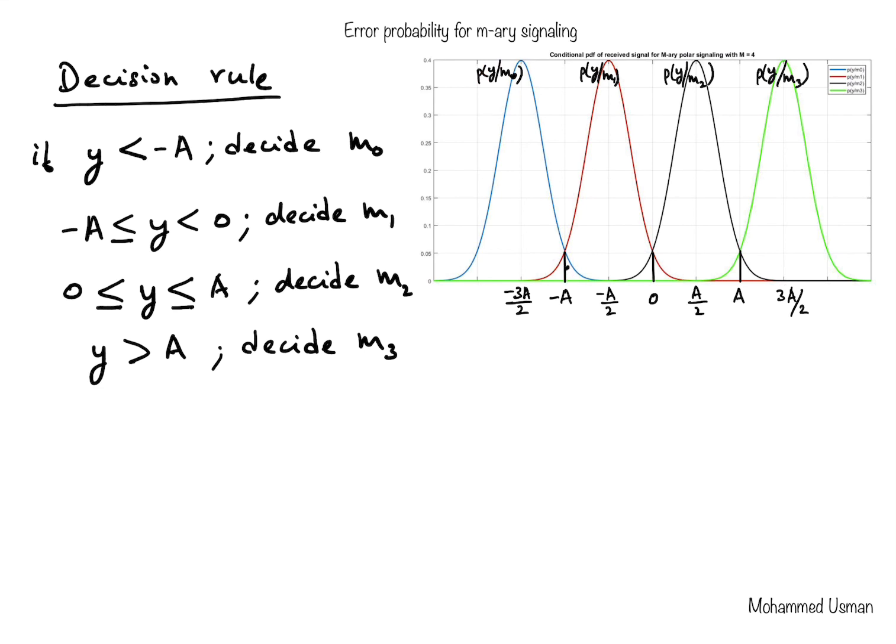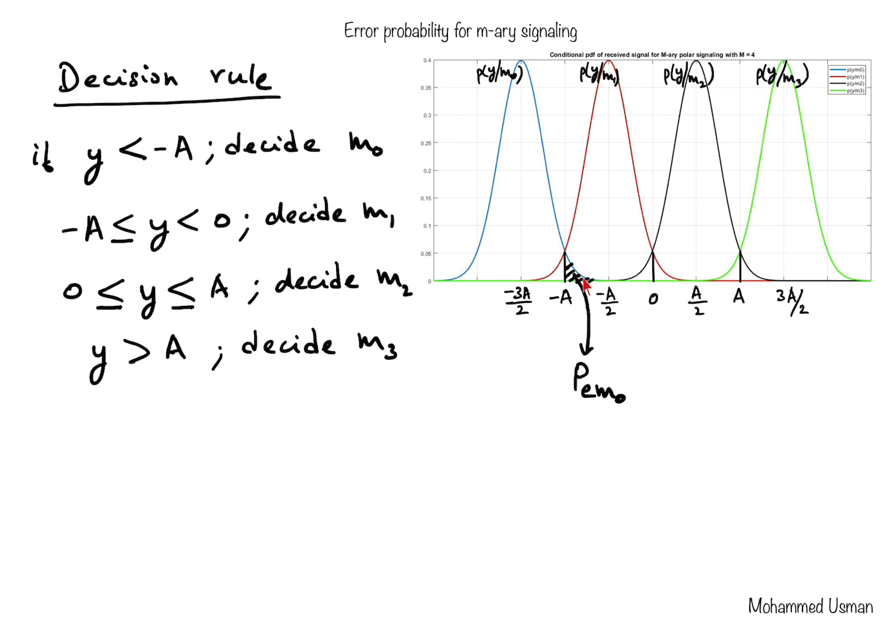It goes to infinity, by the way. So this area represents the error probability when the transmitted symbol is M0, but the received signal Y is greater than the threshold. And if it is greater than the threshold, the receiver thinks it is M1 or M2 or M3.